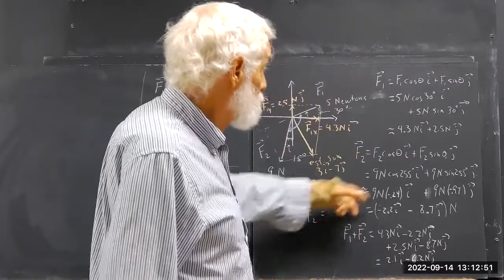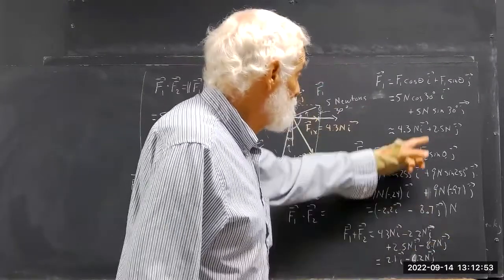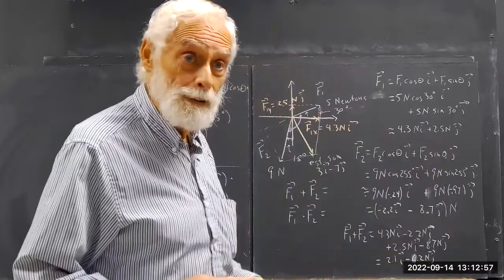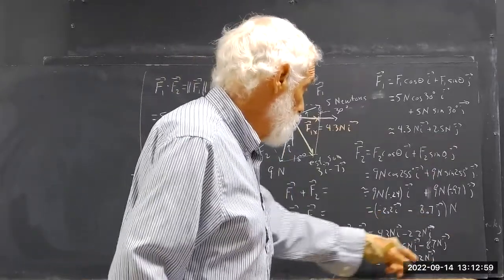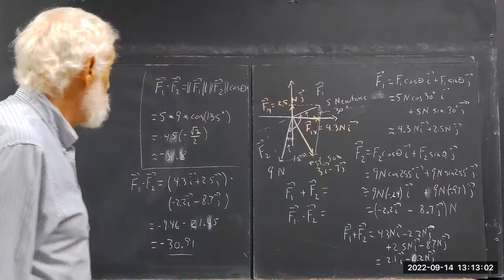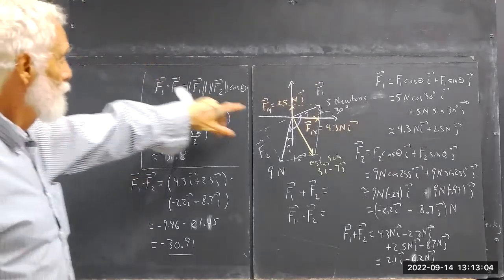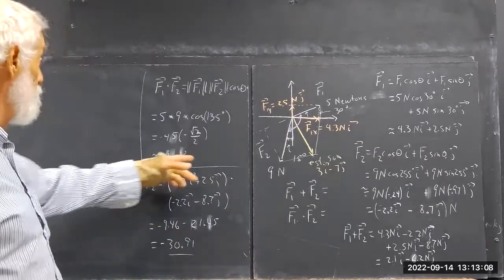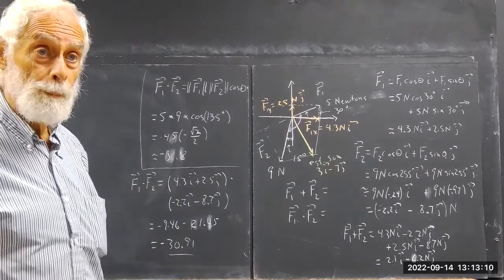Then you just add these. So I's are unlike J's because they're totally independent. So you add the I's and you add the J's. You get the sum. If you have this information, you know what the angle is, so you can calculate the dot product very easily.